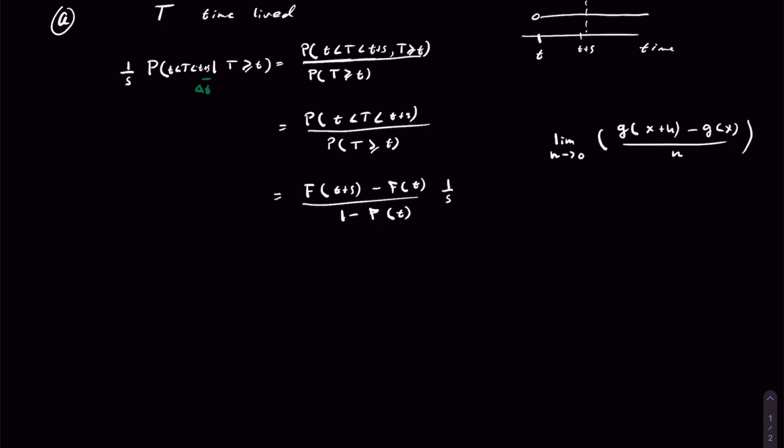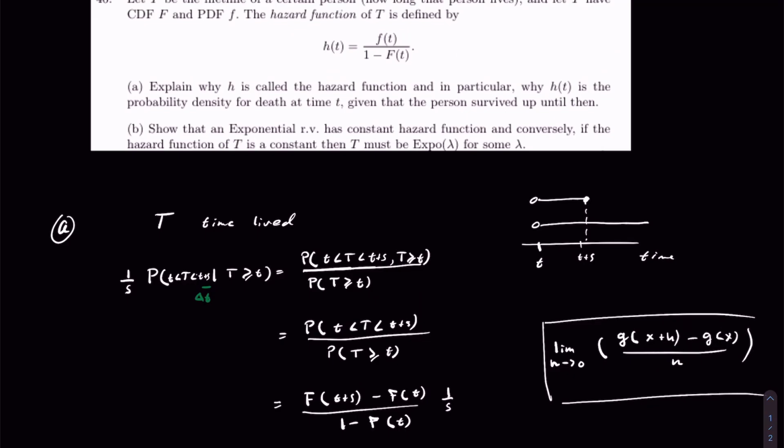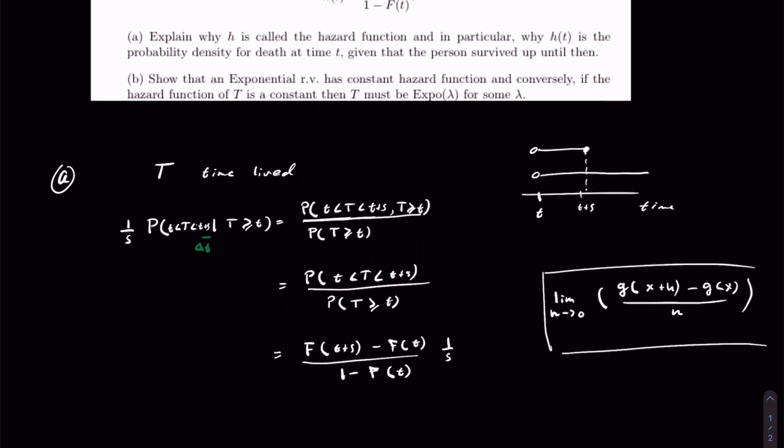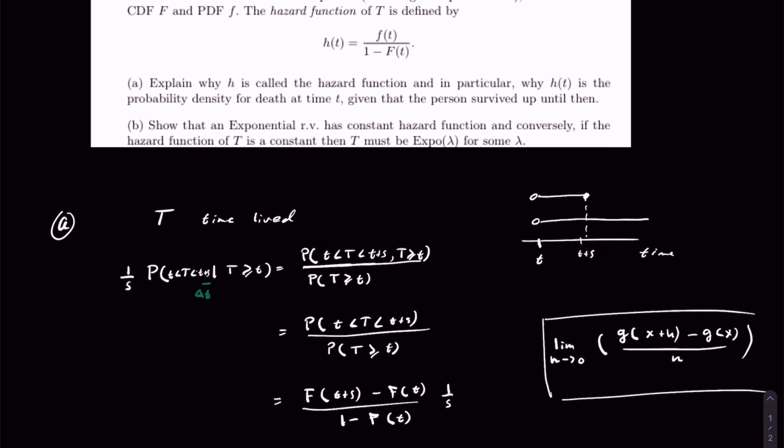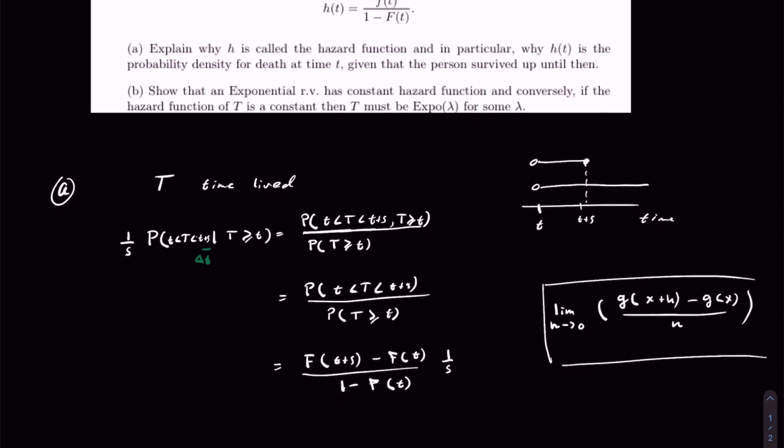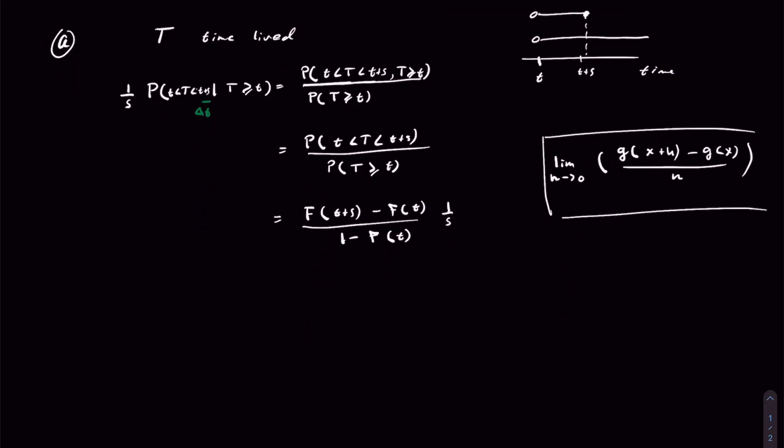This is the definition of a derivative for any function g. What we're doing by dividing by s here is trying to make this look like this expression so that we can take the limit, and by doing that you'll see that we'll be arriving at this expression here, and that is, intuitively speaking, basically capturing the hazard function. So the probability density of living this little extra time, where the time is as small as possible.